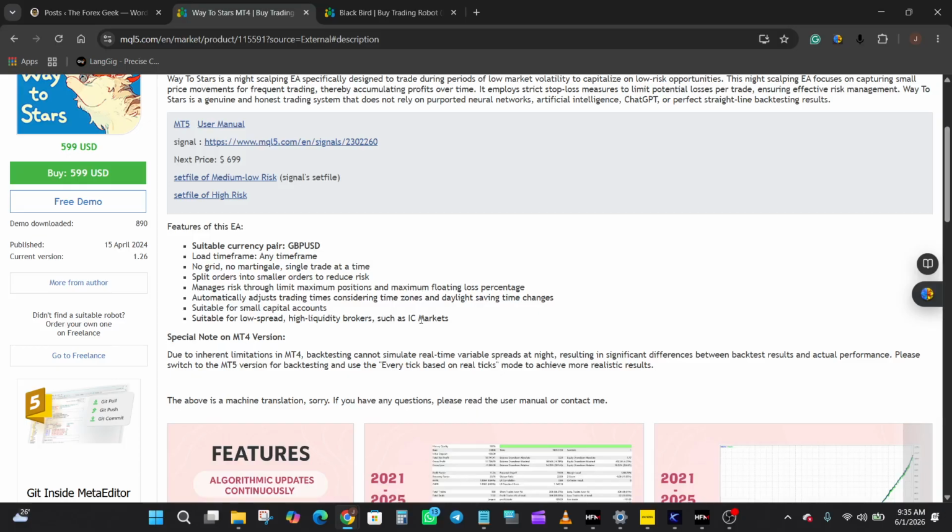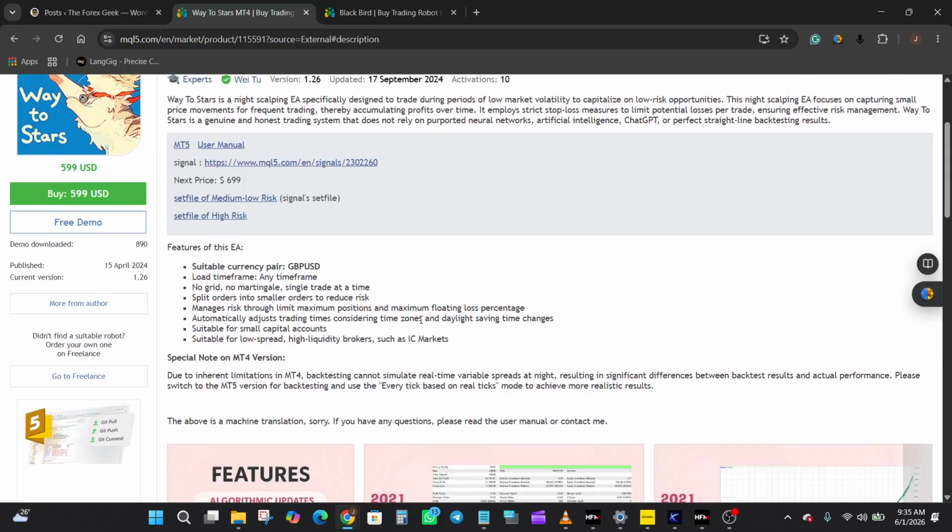Another practical feature highlighted here is the automatic adjustment of trading times based on time zones and daylight saving time changes. For traders running automated systems over long periods, this can help maintain consistency without requiring manual schedule adjustments throughout the year.